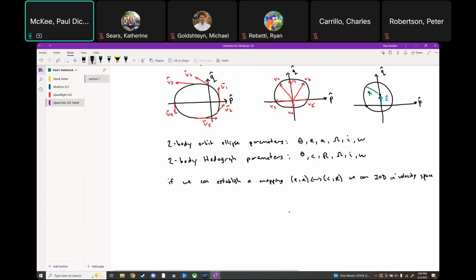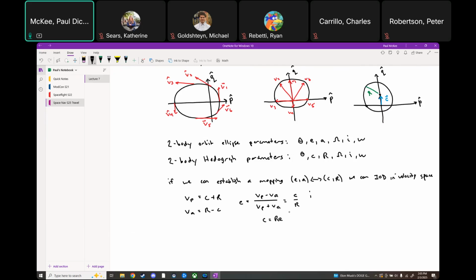I'm just going to drop it in your lab rather than go through the whole derivation. Your periapsis velocity is C plus R. Your apoapsis velocity is R minus C. Your eccentricity is (VP minus VA) over (VP plus VA), which is equal to C over R. Or you could say C is equal to RE.